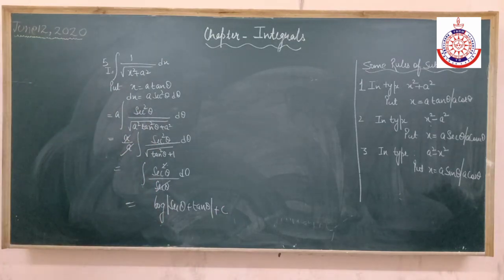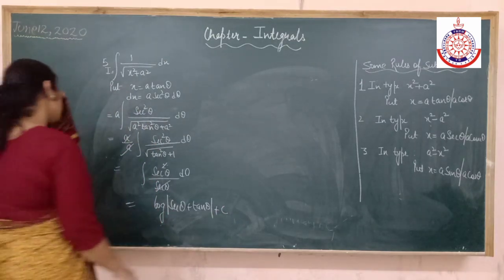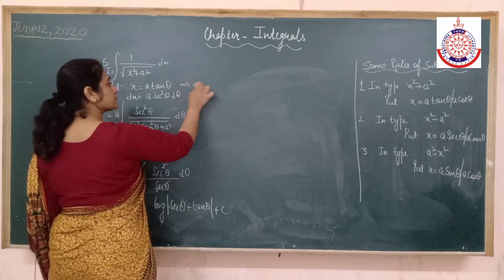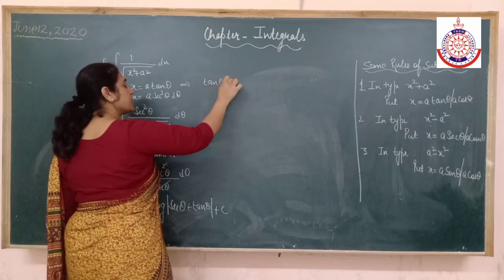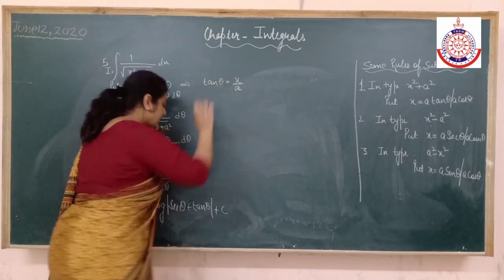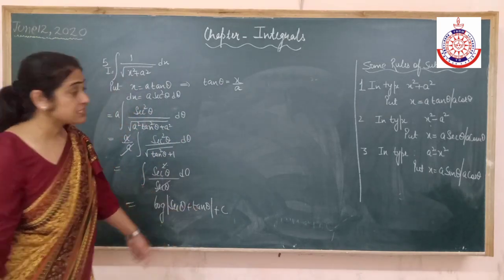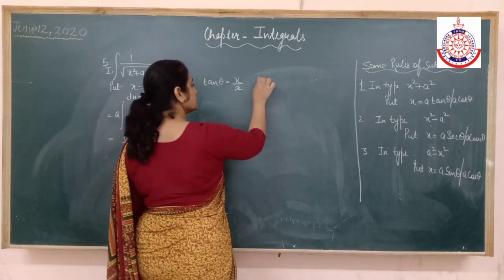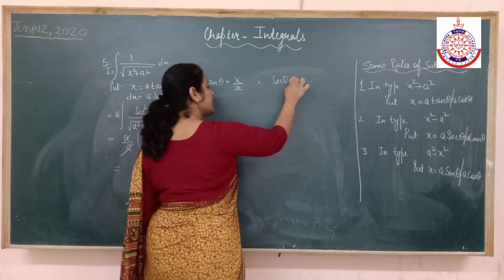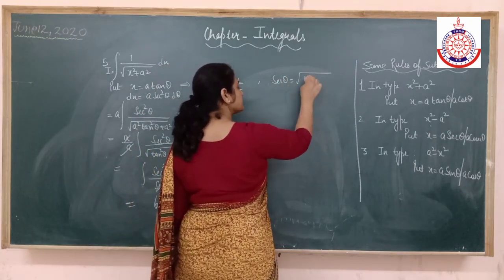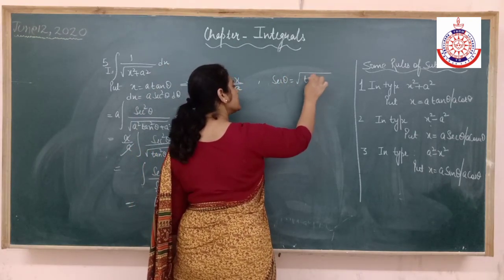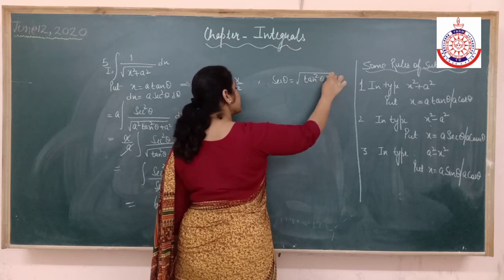Alright, again the same way, put the values. Tan theta is x by a, but along with tan theta I need the value of secant also. What is secant theta is equals to 1 plus tan square theta or tan square theta plus 1, that's one and same thing.